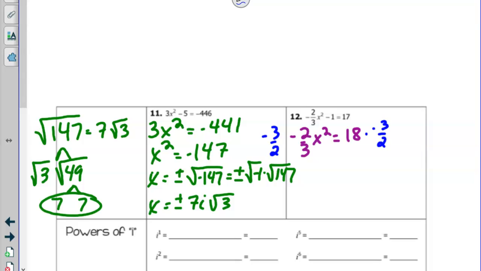You can also divide by negative 2/3, but that's the same as multiplying by the reciprocal. So 18 divided by 2 gives me 9 times negative 3 gives me negative 27. So now we have x squared is equal to negative 27.